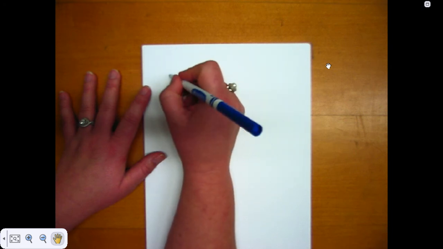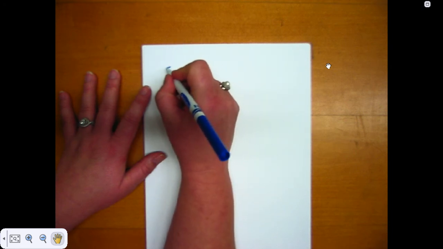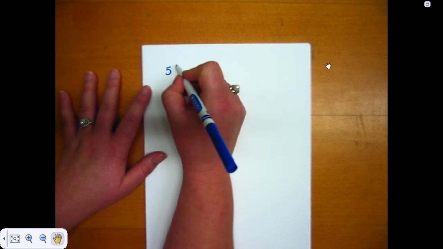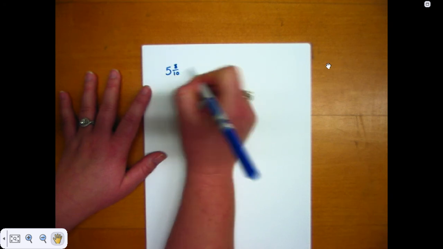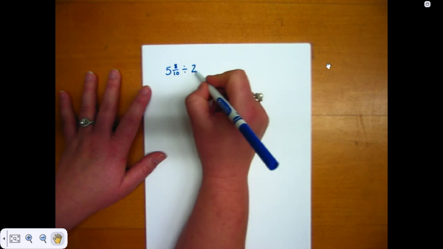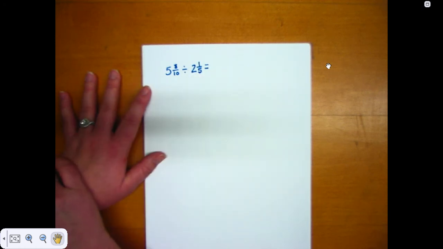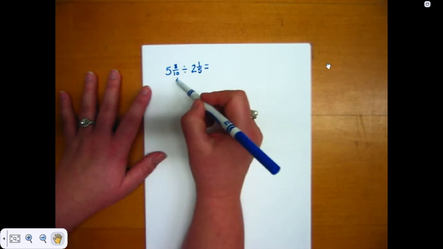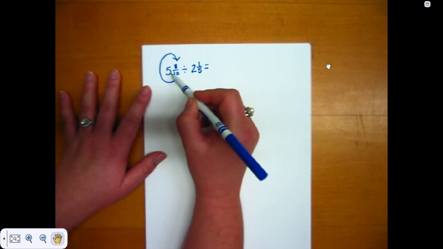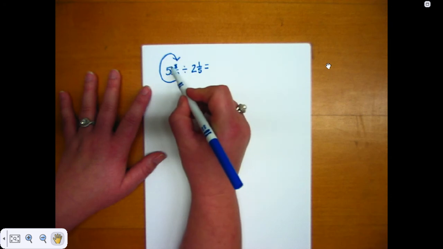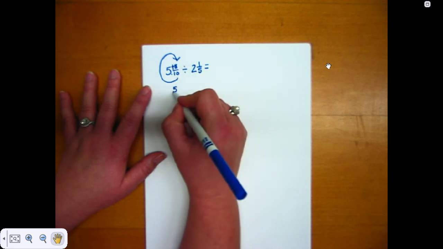So let's say we have 5 8/10 divided by 2 1/5. Okay, I have two mixed numbers, so I'm going to go around the world. 10 times 5 is 50. 50 plus 8 is 58.